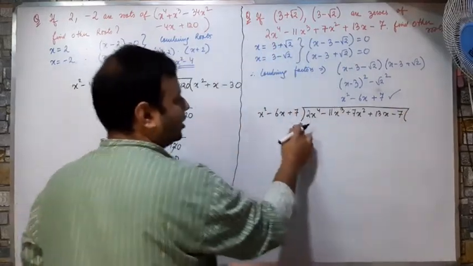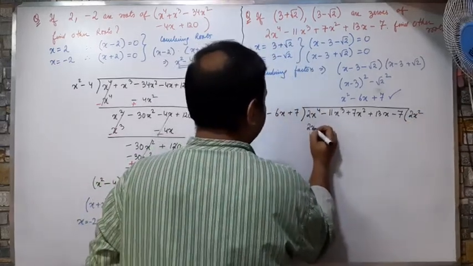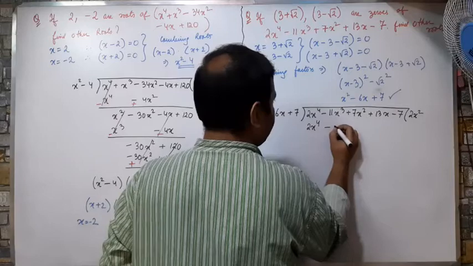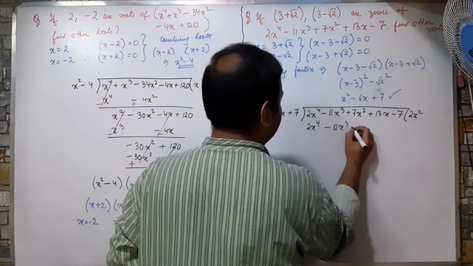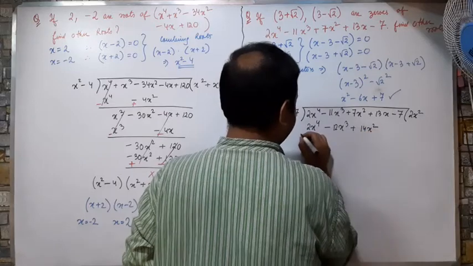Okay, so x square to 2x4 multiplying with 2x square. I am getting 2x to the power 4 minus 12x cube plus 14x square.